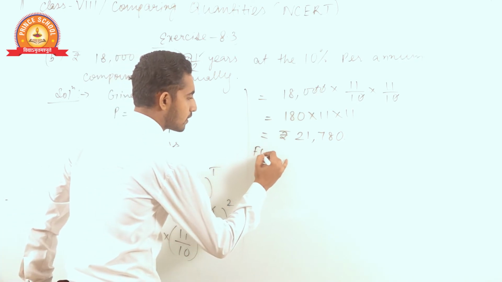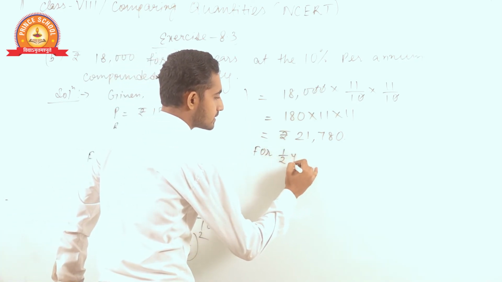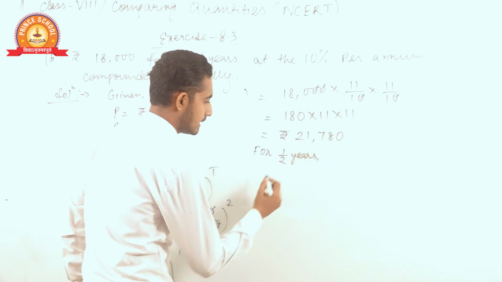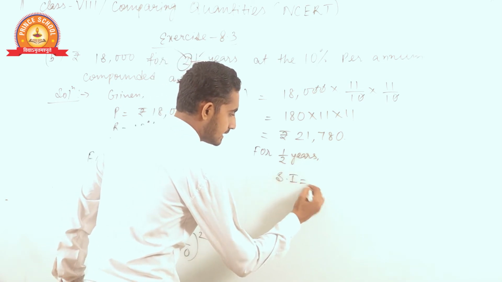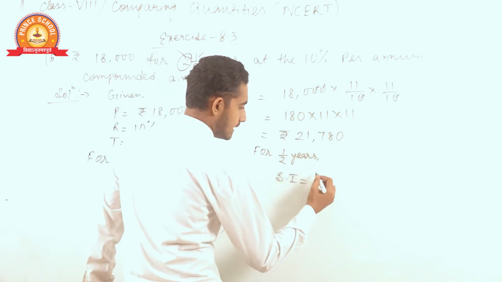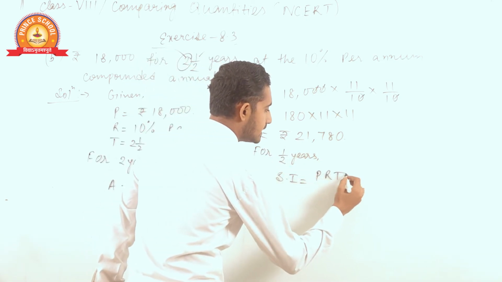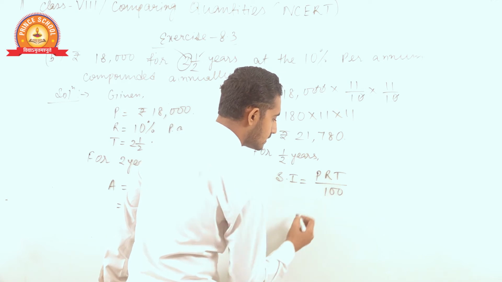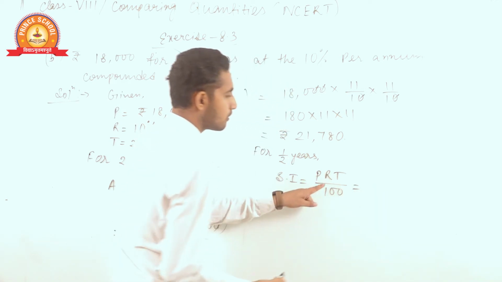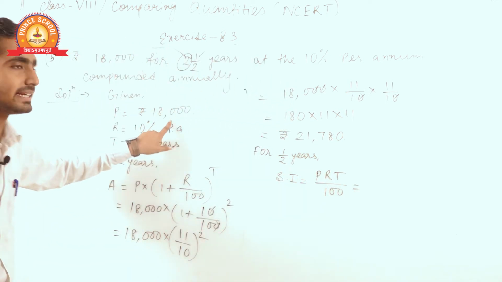So for half years, SI is equal to, now very important thing, PRT upon 100. That is the formula. Now put here, P is equal to how many? Sir, 18,000 rupees.